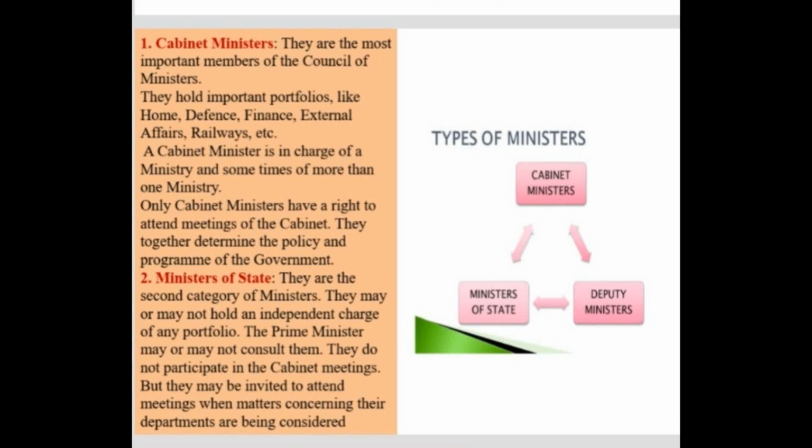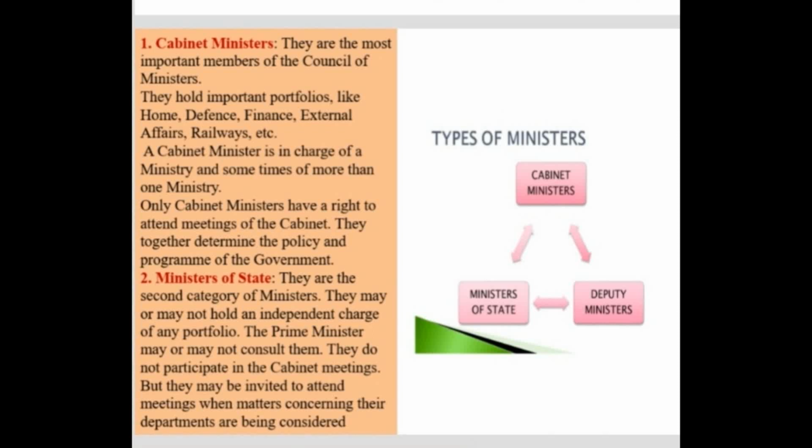So the prime minister may ask a minister to assist the cabinet minister because he cannot do everything alone. If you take defense, it's a very big department. A single minister can't handle that department. So he may ask a minister of state to help him. And the prime minister may or may not consult them on all the issues because he always keeps in touch with the cabinet ministers, and they do not even participate.